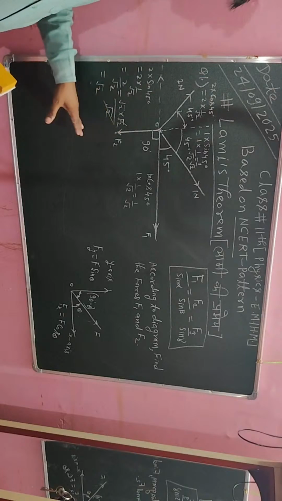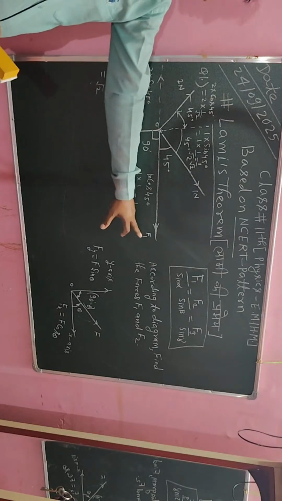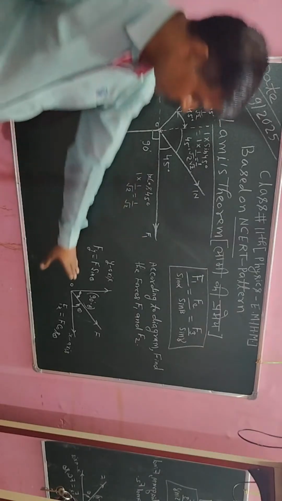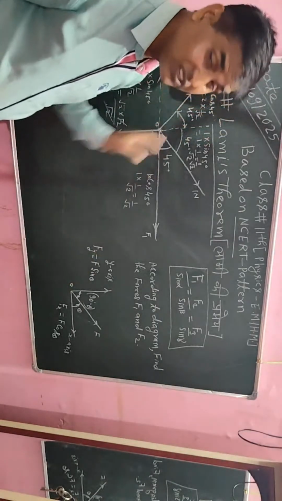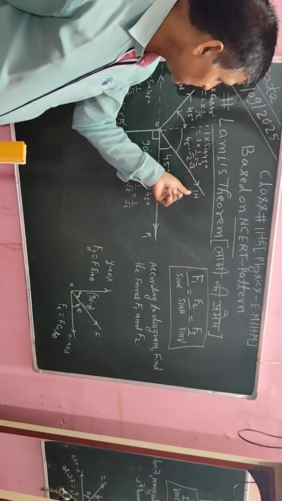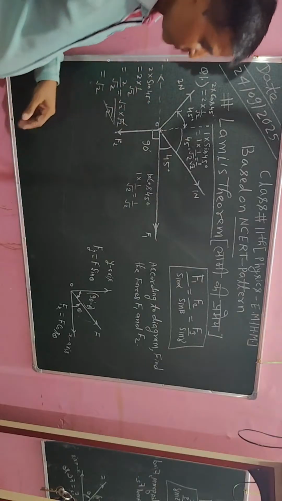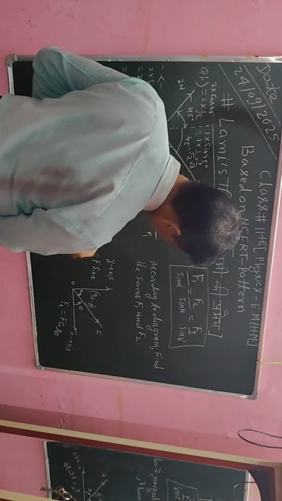So according to this way, I will calculate the unknown forces whose names are F1 and F2. Okay student, so this is the information, and all this information I have used here for resolving the two forces. One force has 1 Newton value and the other force has 2 Newton value. Okay, so this one, and after explaining I will erase it.